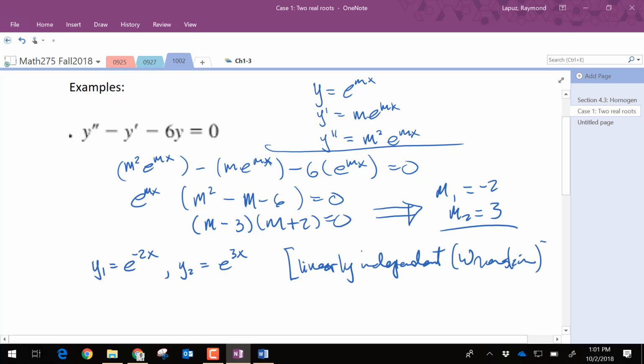So you're eventually going to have to write the general solution. Right now these are solutions. And you can also check that this actually works by putting it back into the original equation.